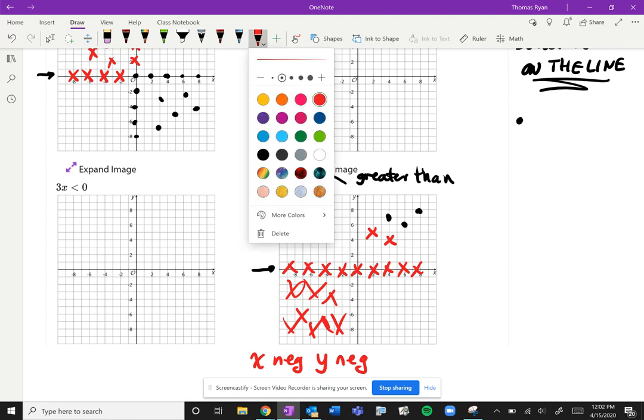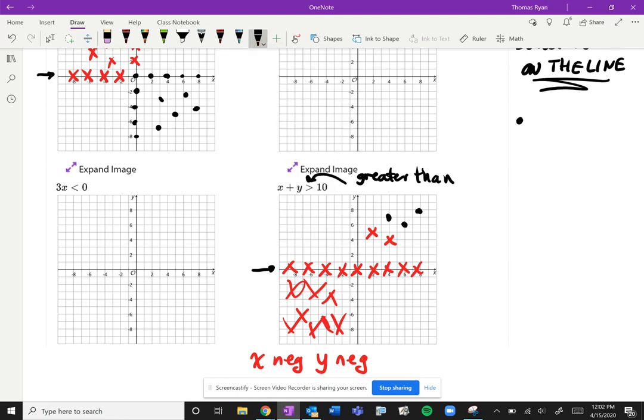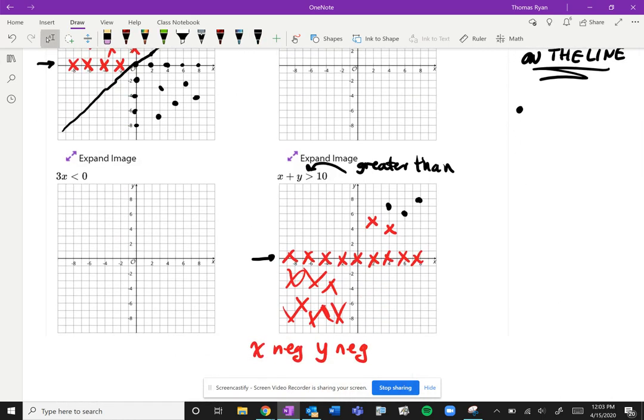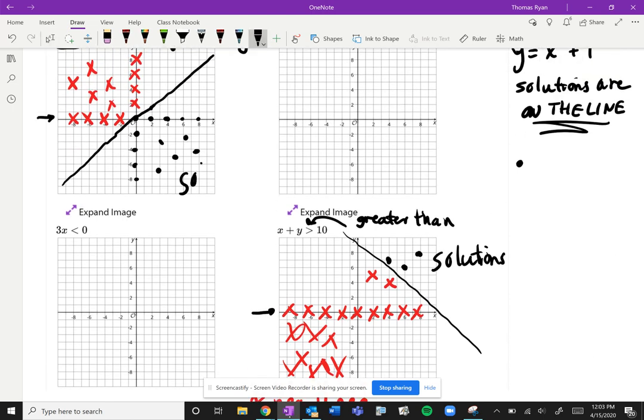So again, hopefully what we're seeing is that there's some sort of pattern here. And maybe, just maybe, if we're thinking about lines, there might be some split where it separates all the non-solutions from all the solutions that are up here, or in this case, down here.